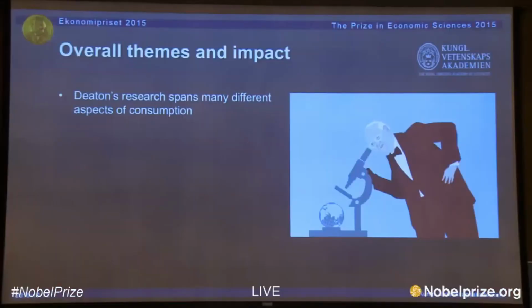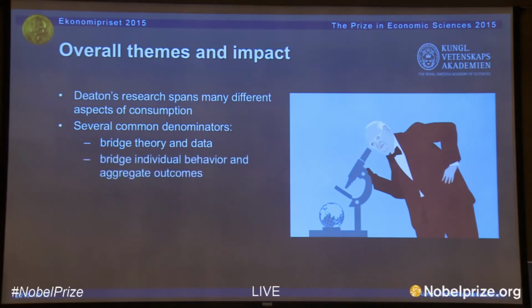Finally, let me say a few words about the overall themes and impact. As I hopefully have shown, Deaton's research spans many different aspects of consumption, but there are also a number of common denominators. One is his desire to bridge theory and data. A second, as the picture there tries to illustrate, is his desire to bridge individual behavior and aggregate outcomes.